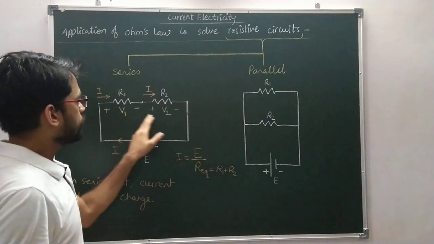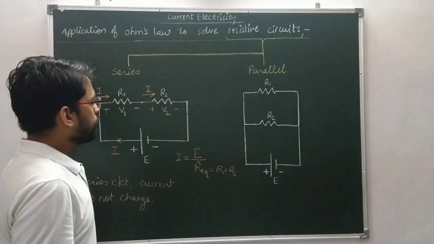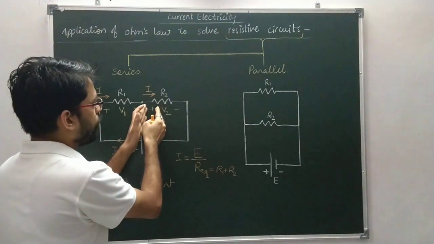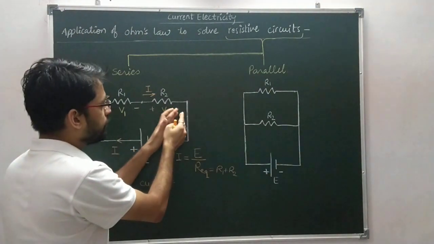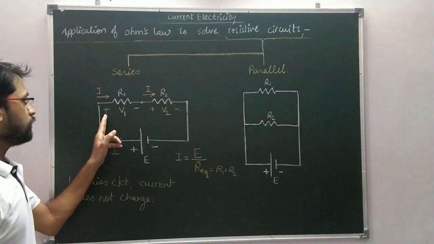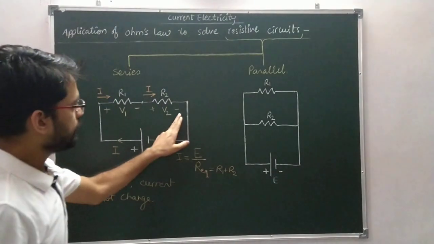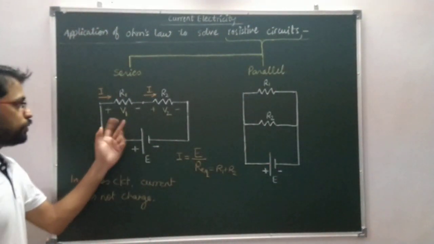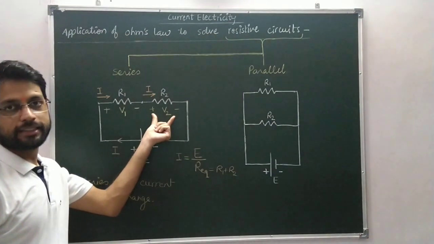Same as in the resistor R2, the current is flowing from left to right. It means the left terminal of resistor R2 will be at higher potential than the right terminal. So this one will be positive and this one will be negative. And you see that the voltage is divided in the series circuit.